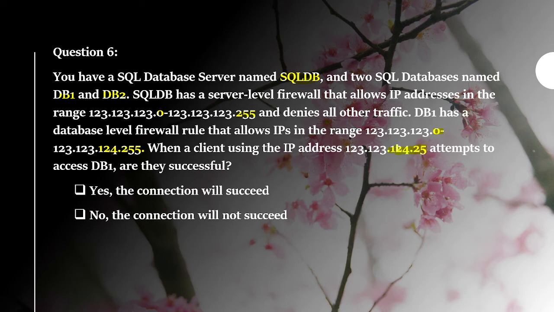This IP address is in the range of the database level. Attempting to access DB1, are they successful? So here you see in the server level the IP range is 0 to 255 only. So this IP is not part of the server level, but it is part of the DB level firewall. So our answer is yes, the connection will be successful.